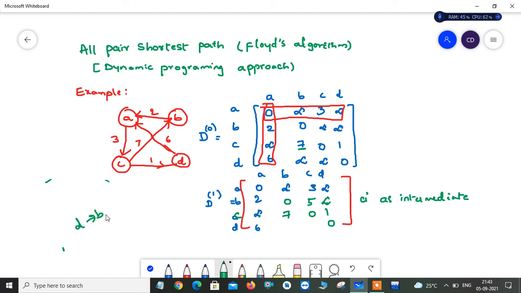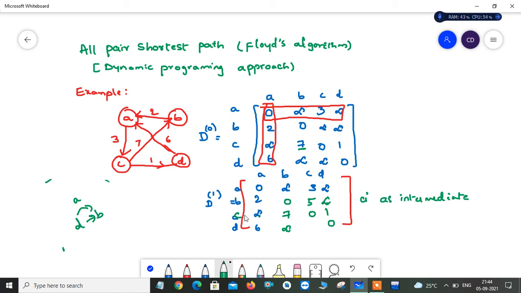So from D to B, I'm trying to reach with A. So here is my D and here is my B. So I can't reach B directly from D. So what I'm trying to do is see if I can move from A to B. Here I didn't have any path. So D to A I have a path, from A to B I didn't have any path. So I can't reach from D to B by making A an intermediate. Simply it will be infinite only.